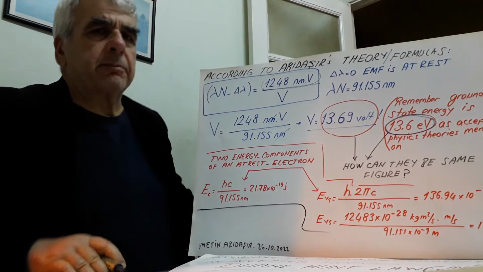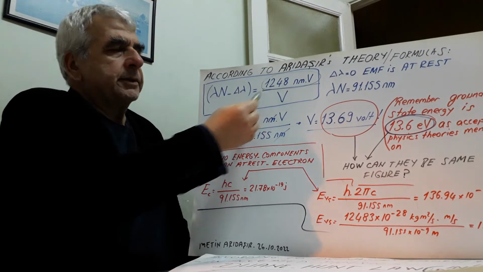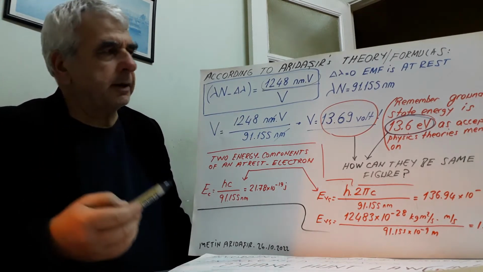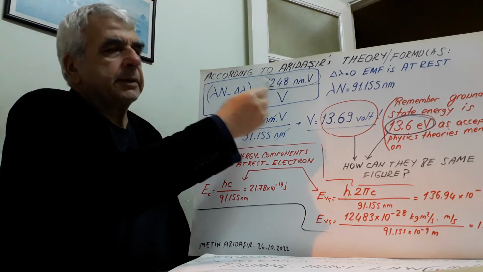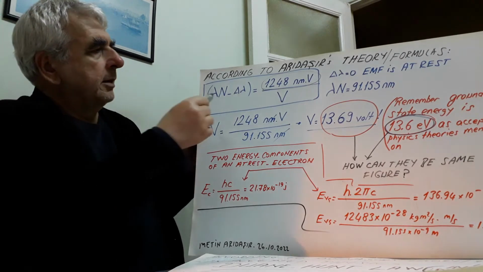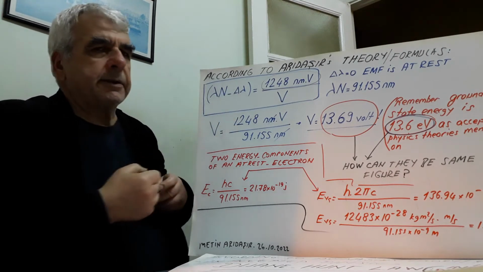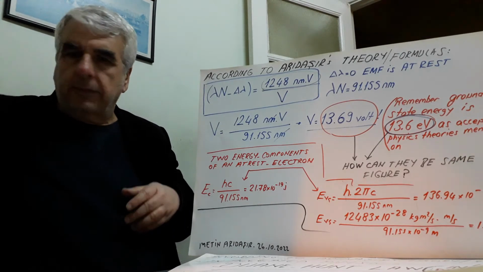Once upon a time, I wrote this as 1,227. Okay, no problem, 1,248. This is lambda n minus delta lambda. Remember my formula here.